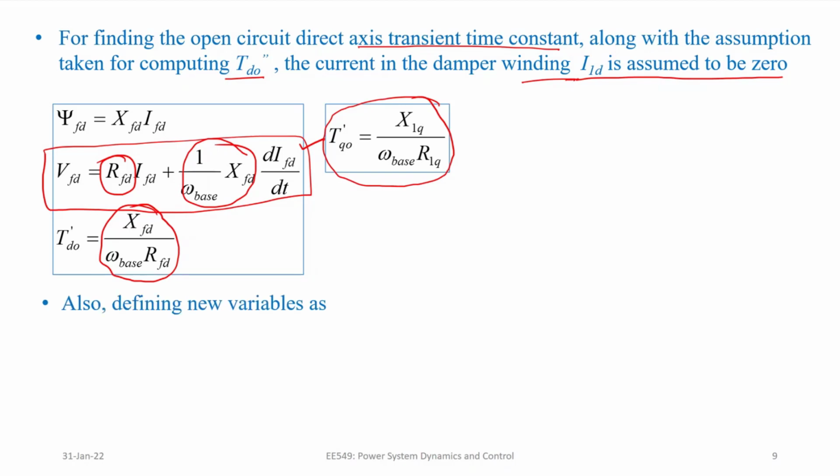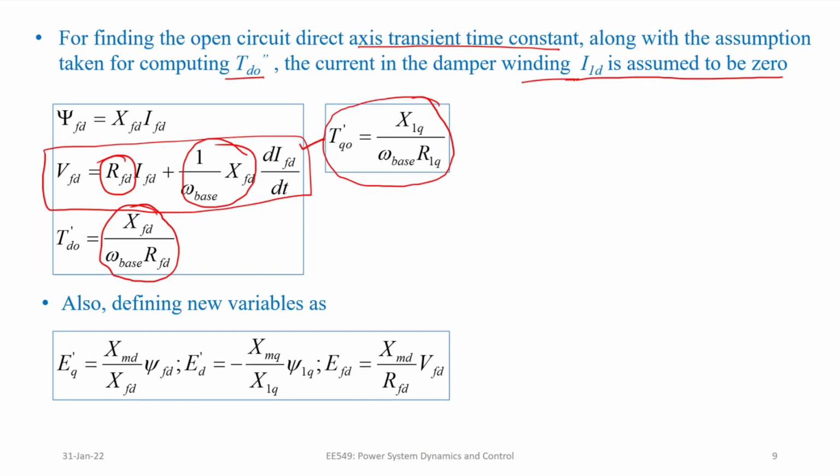Also, along with this, we'll define a few new variables, that is EQ dash is equal to XMD by XFD into psi FD, and ED dash is equal to minus XMQ by X1Q into psi 1Q. EFD will be equal to XMD by RFD into VFD.